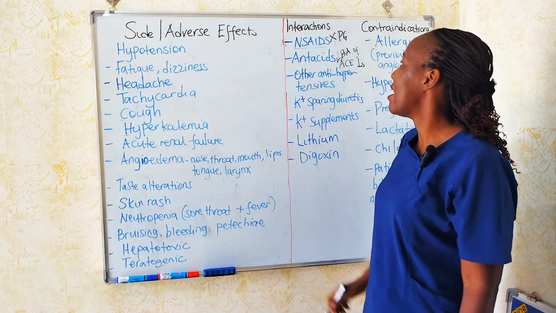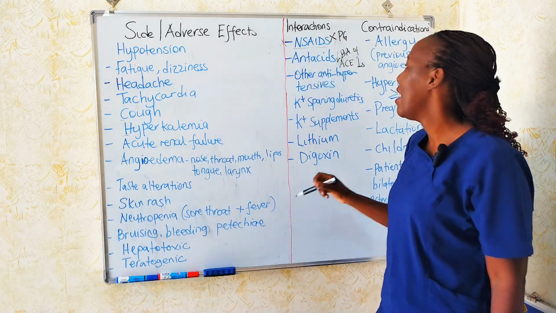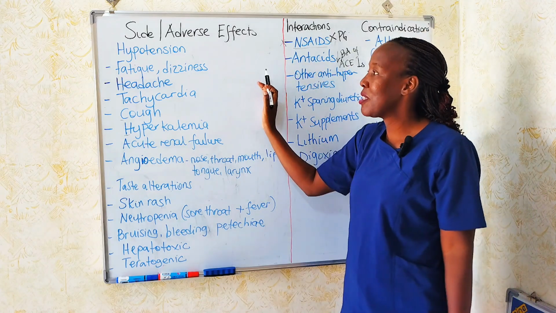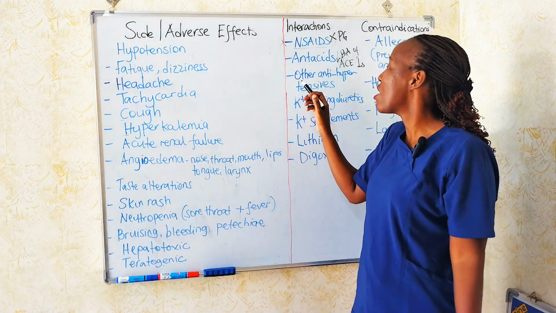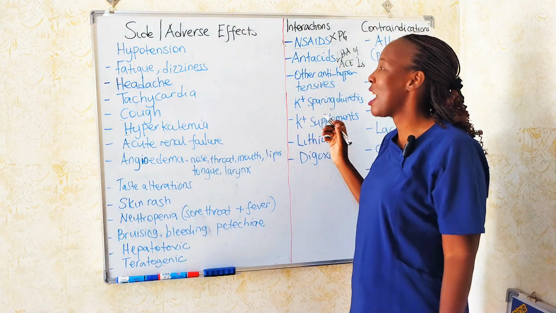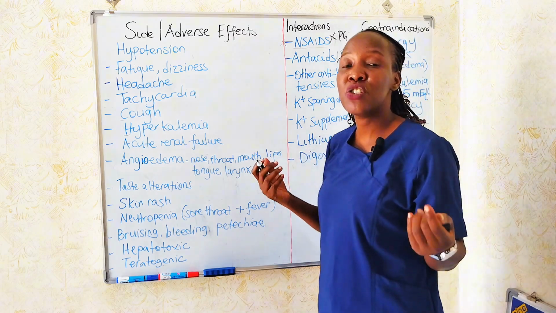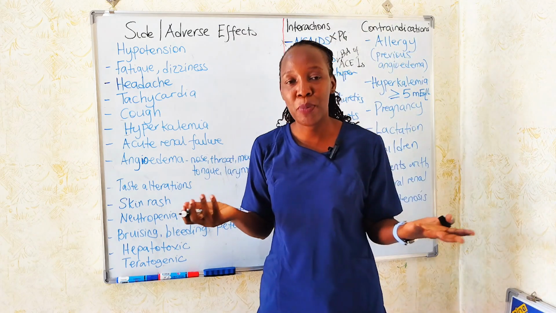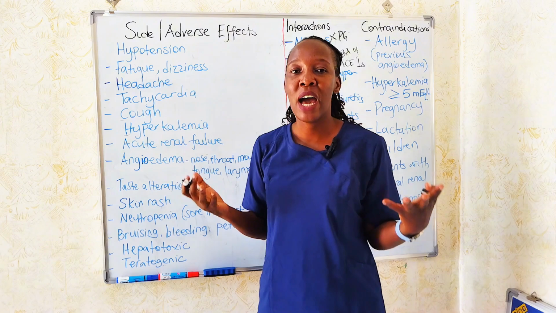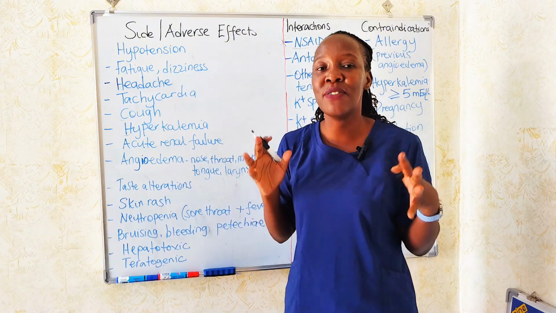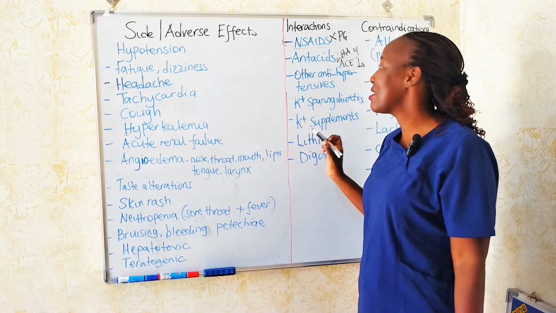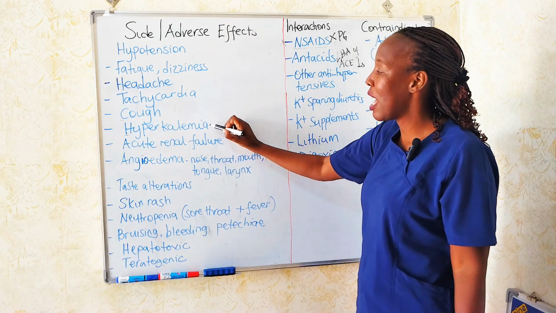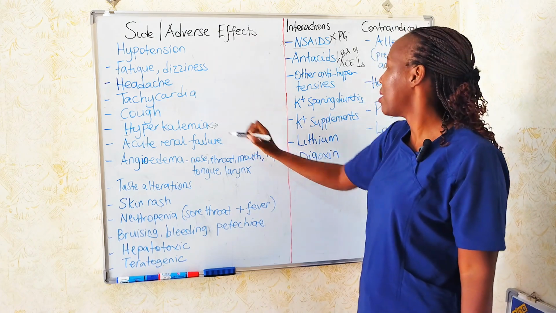So that's another interaction. Then, if we give ACE inhibitors, which are already antihypertensives, concurrently with other antihypertensives, we are going to get additive hypotension, profound hypotension because of the additive interactive effects. Then we have already seen that these drugs cause hyperkalemia.